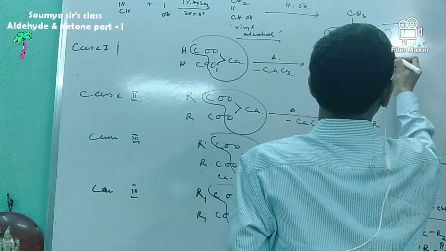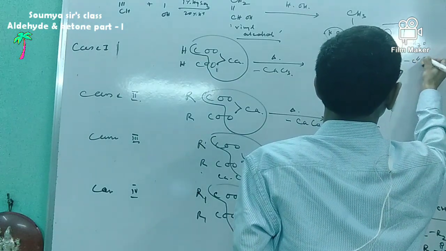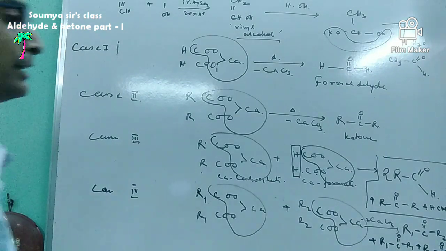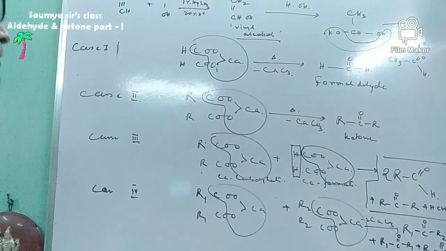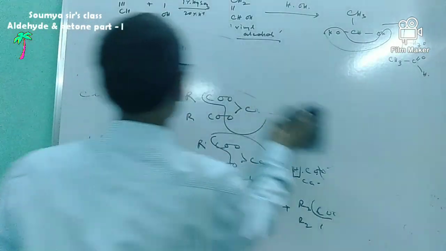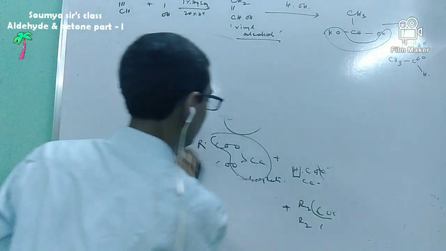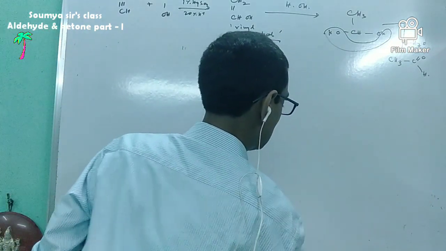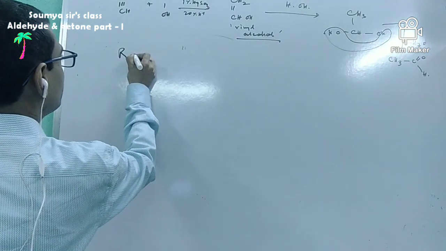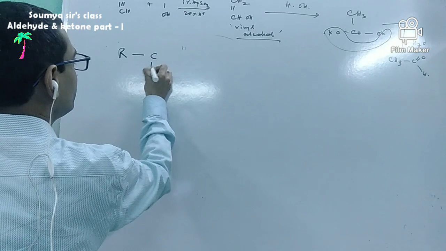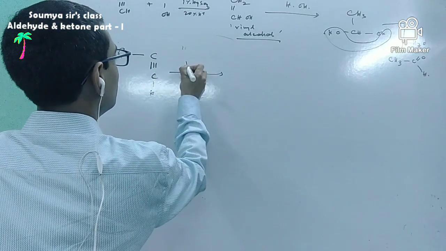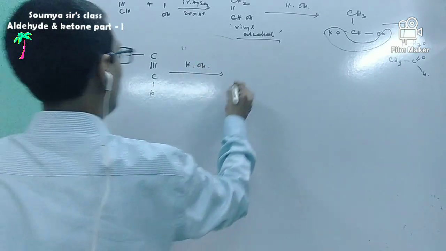If we consider that this is not acetylene, as I said, remember that only acetylene will give aldehyde, but any other alkyne will always give ketone. Like here the R group with a triple bond and CH. Here the first water molecule will form RC(OH)=CH2.